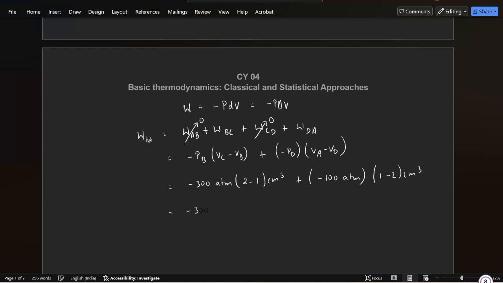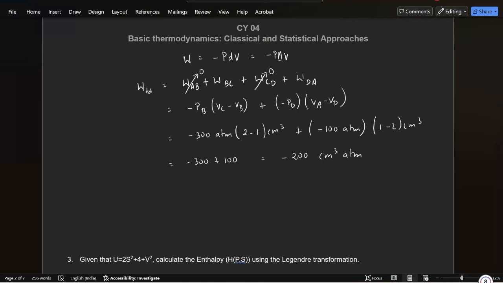So it is minus 300 plus 100 equal to minus 200 centimeter cubed atmosphere. So we need to first convert it to liter atmosphere, then to joules. What is the conversion factor? How many centimeter cubes is one liter? One liter is equal to how many meter cubes?